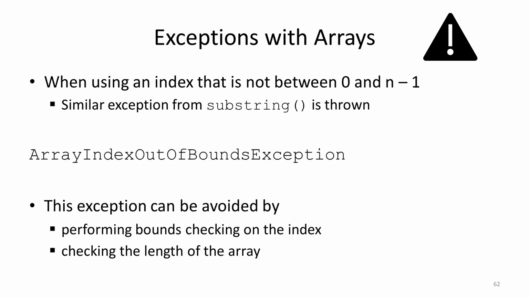If you recall, the substring method throws the index out of bounds exception. Arrays have a similar exception associated with them, and that is array index out of bounds exception. It is a mouthful. This exception can be avoided. You may not need to use try catch to catch the array index out of bounds exception.